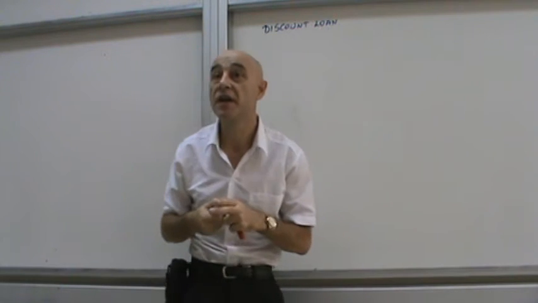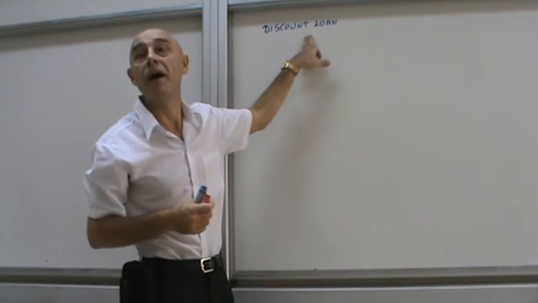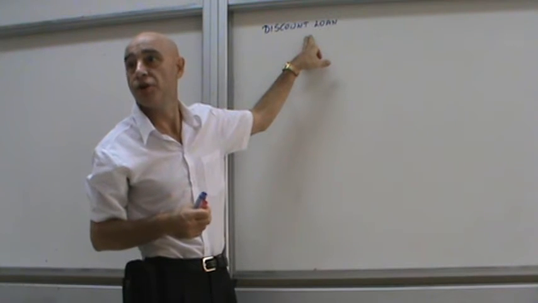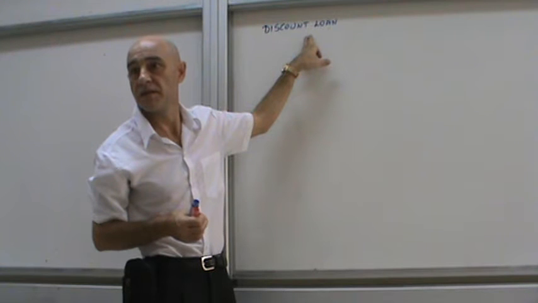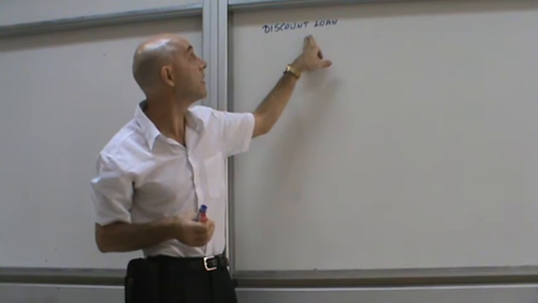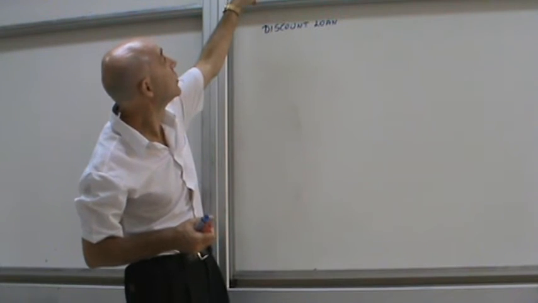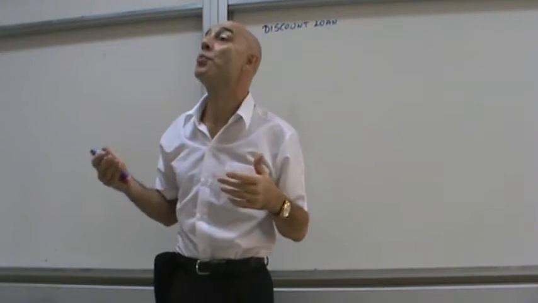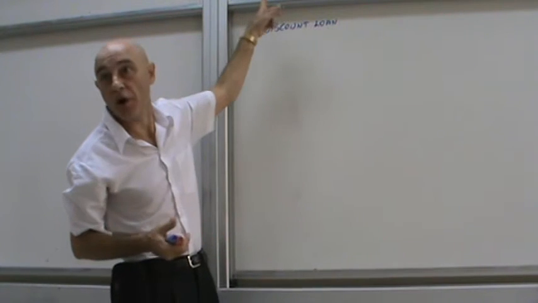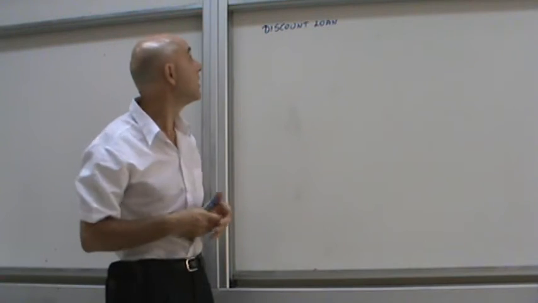A discount loan is a loan given by the central bank to commercial banks, usually to support the commercial bank for the purpose of helping out or bailing out the commercial bank.